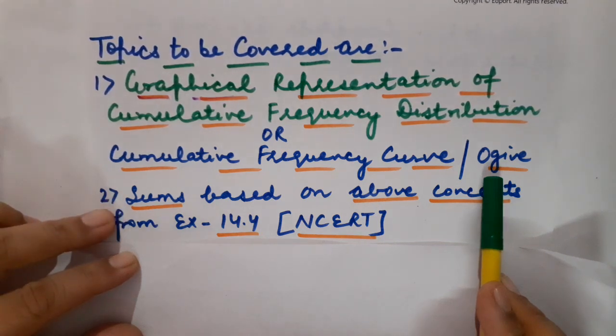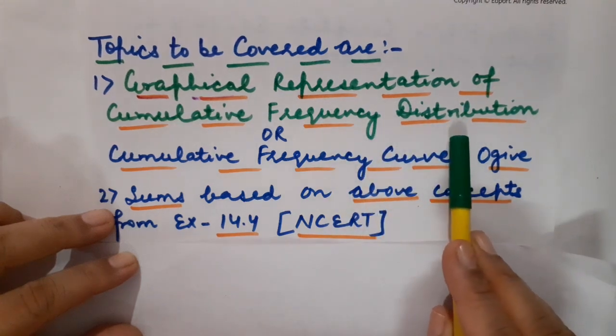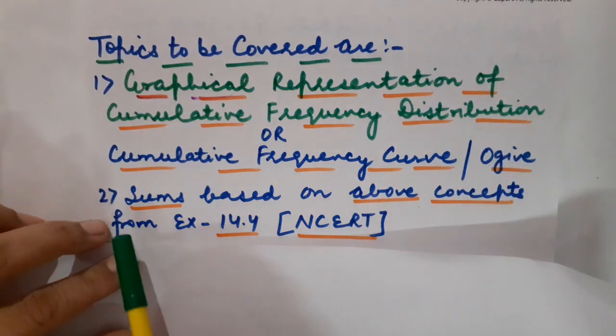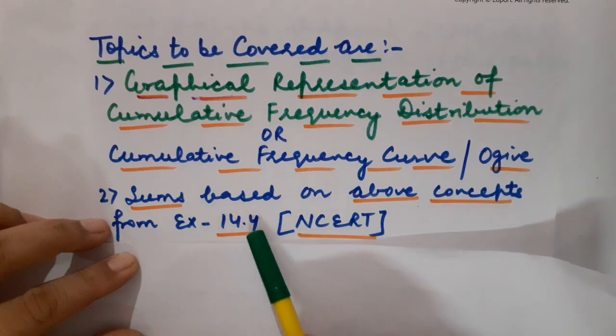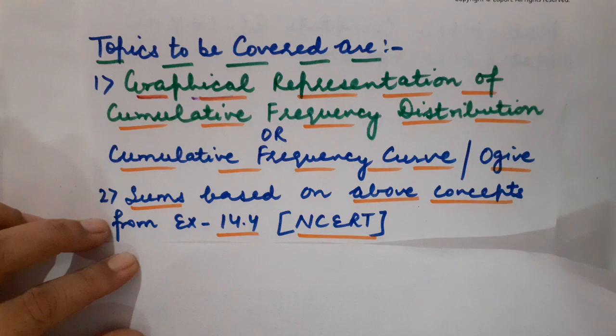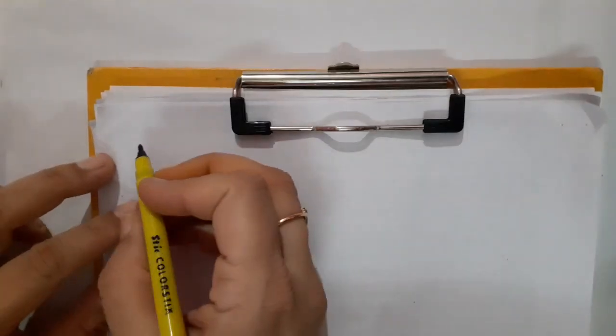Today I am going to teach you how to draw ogives whenever you have a cumulative frequency distribution table given, either using less than type or more than type. Correct? After that we will do the sums based on these concepts from exercise 14.4 of NCERT. So children, let us start today's topic.